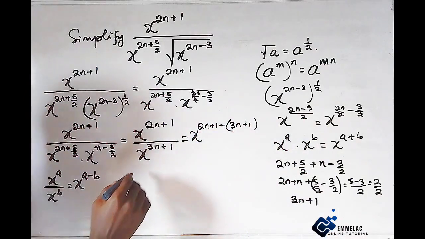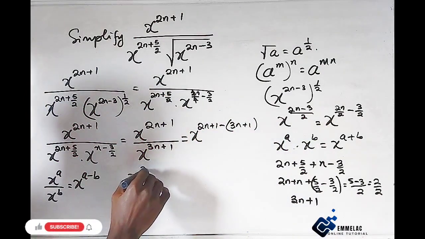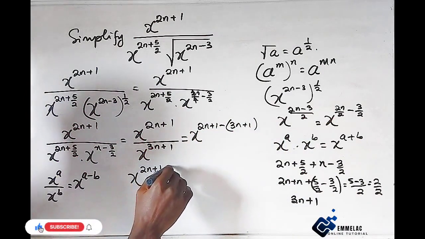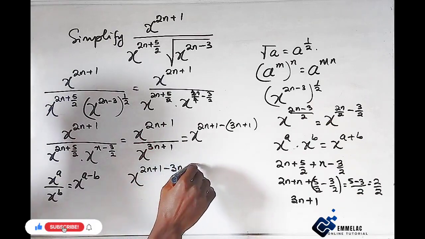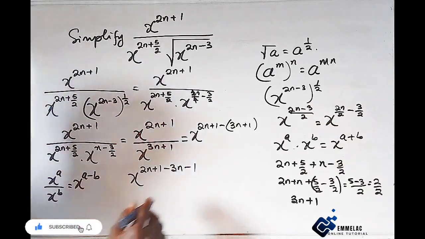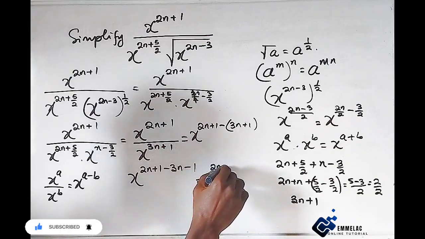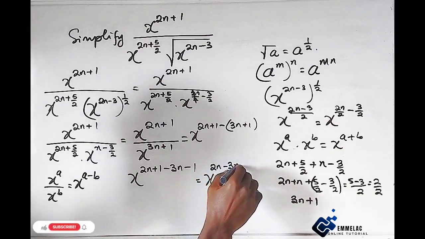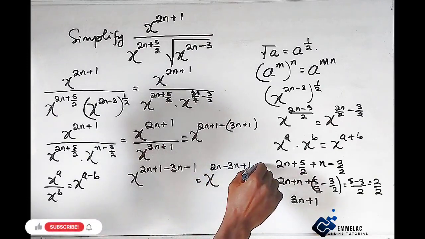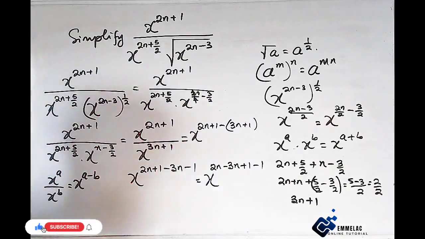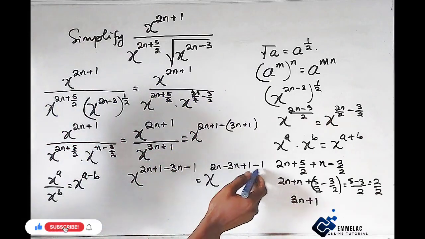This gives us x raised to the power of 2n plus 1 minus 3n minus 1, which is x raised to the power of 2n minus 3n plus 1 minus 1. Plus 1 minus 1 gives us 0.